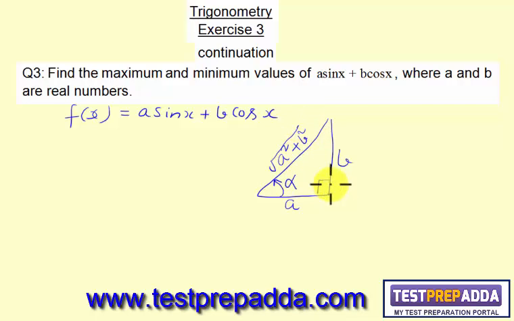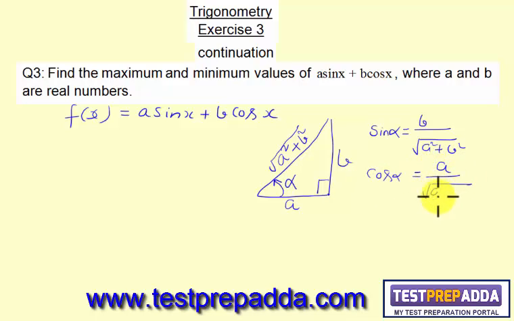Got it? So if I ask you what is the value of sine alpha, you will tell me b upon root a square plus b square, perpendicular upon hypotenuse. Okay, cos alpha, if I ask you cos alpha, it will be a upon root a square plus b square. Got it?